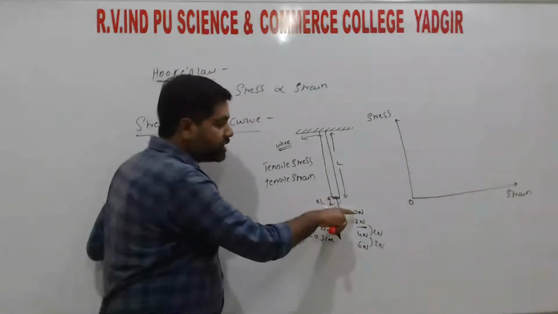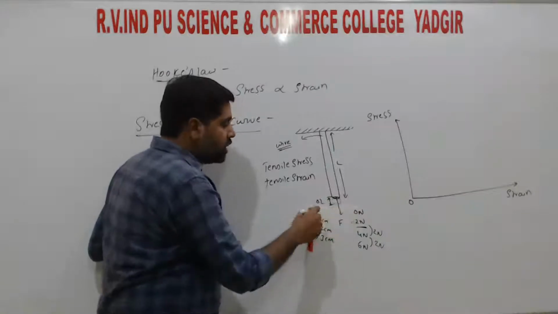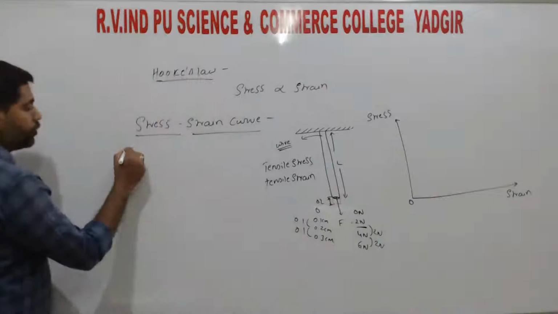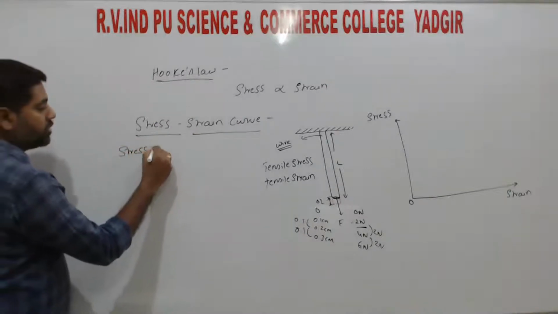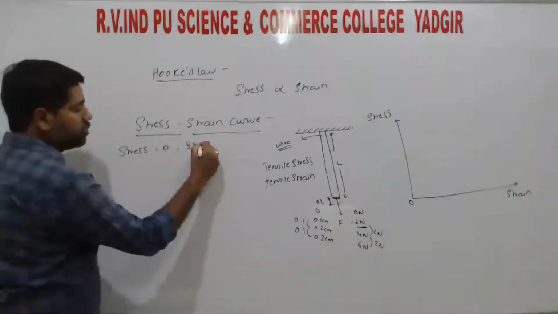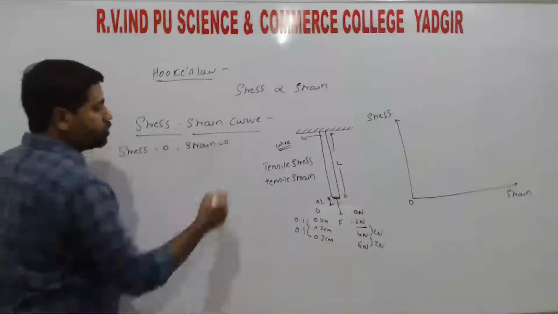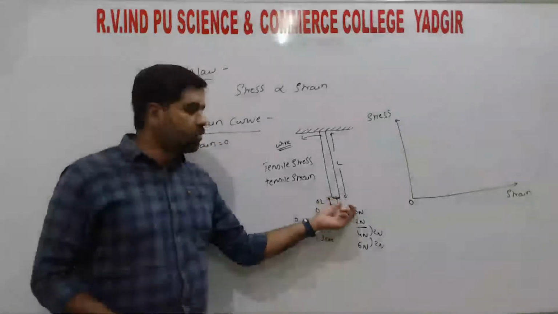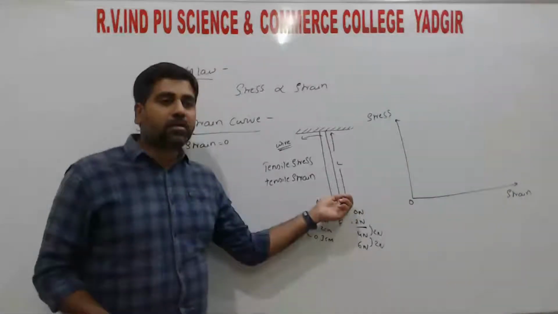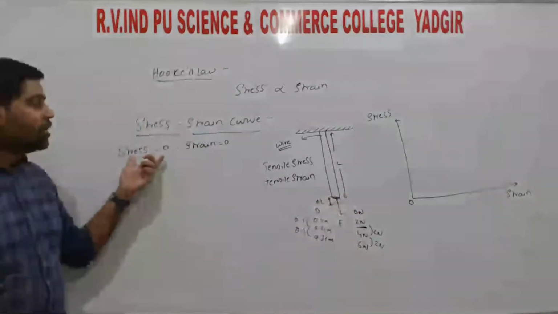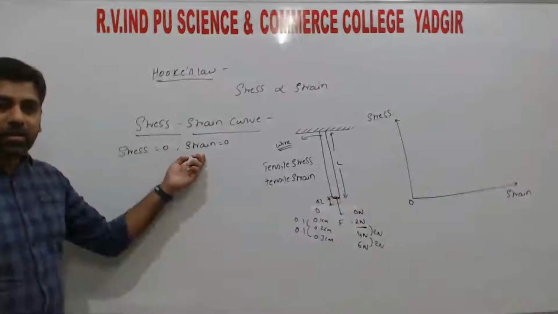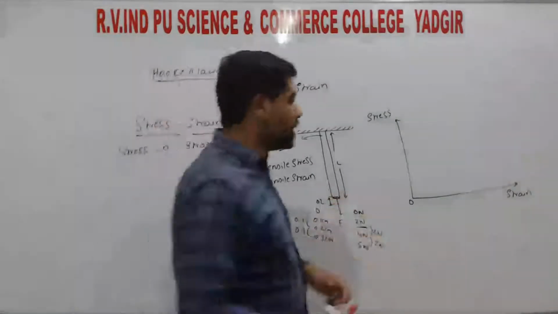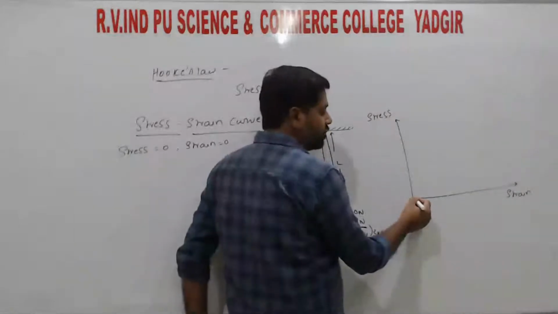So when stress is equal to 0, strain is also equal to 0. That means if we are not applying any load, there is no stress. And if there is no stress, there will be no strain, right? So hence we get the linear curve that starts from the origin, that is from 0, right?